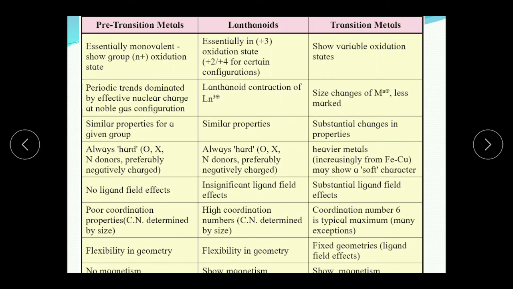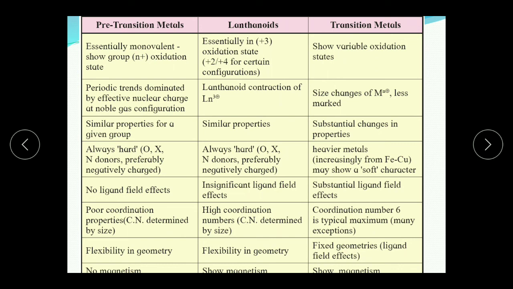Now, second point, if we compare periodic trends, those shown by s and p block elements are because of the effective nuclear charge. That means if we compare the atomic size and the atomic charge, together it becomes the effective nuclear charge.